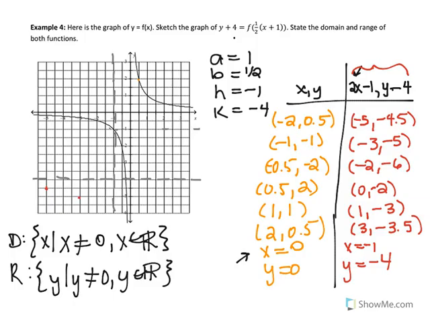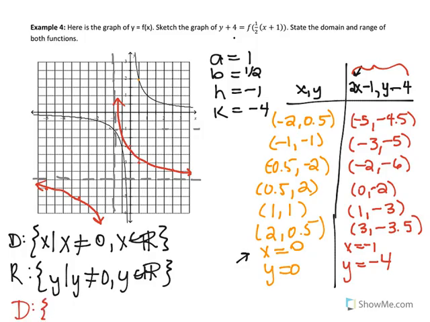And we have negative 2 and negative 6. So there is the bottom portion. And then we have 0 and negative 2, 1 and negative 3, and 3 and negative 3.5. So there is our new function.